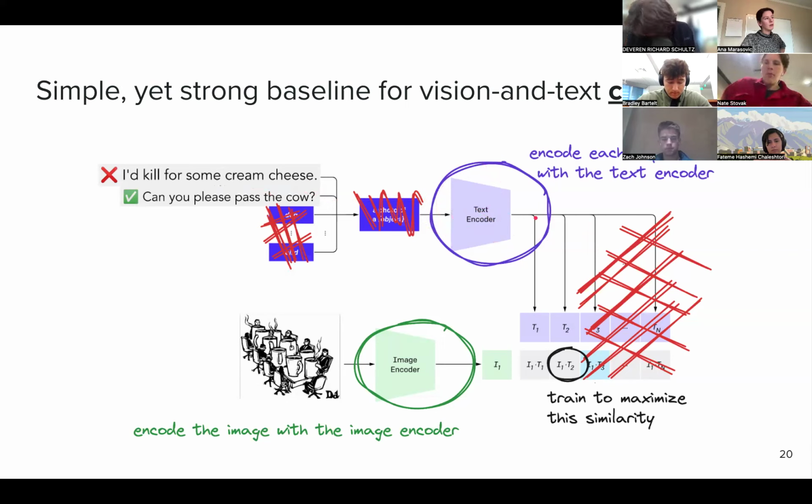From the text encoder, you get a vector representation of the first candidate caption and the second candidate caption. Then you put your cartoon image into the image encoder, which gives you a vector representation of the image, and you take the dot products. The dot product for the true caption should be higher, and we are training the model to maximize this similarity, right? So this is a very simple way to do classification of text and images.